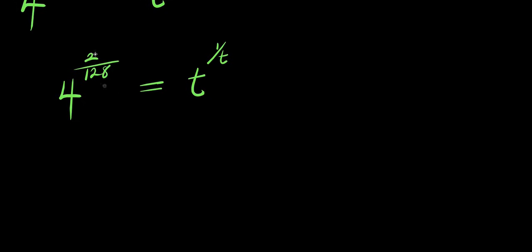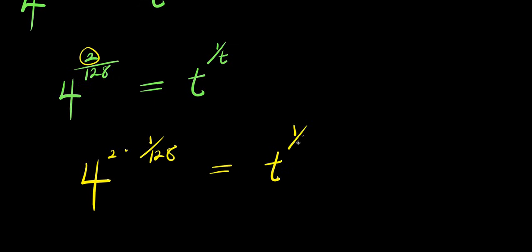So from here, I can factor out 2. I will have 4 power 2 times 1 over 128 equals t power 1 over t.